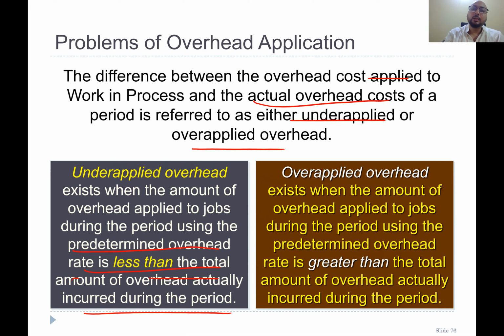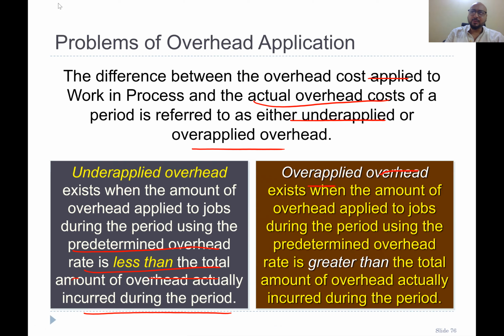The opposite is when you overestimate it, so your applied manufacturing overhead is greater than the actual one. In that case, we see over applied overhead.